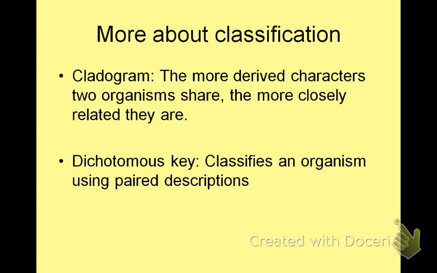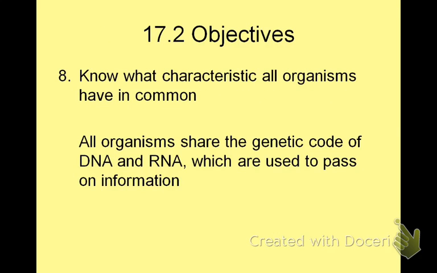And then what you've been working on in class, and you will continue to work on, are these dichotomous keys. These dichotomous keys are another way to classify organisms using paired descriptions, as you've been seeing in class. The characteristic that we assume at this point that all organisms have in common is their genetic code. They use DNA and RNA to pass on information from one generation to the next. This is the characteristic that all living things have in common.